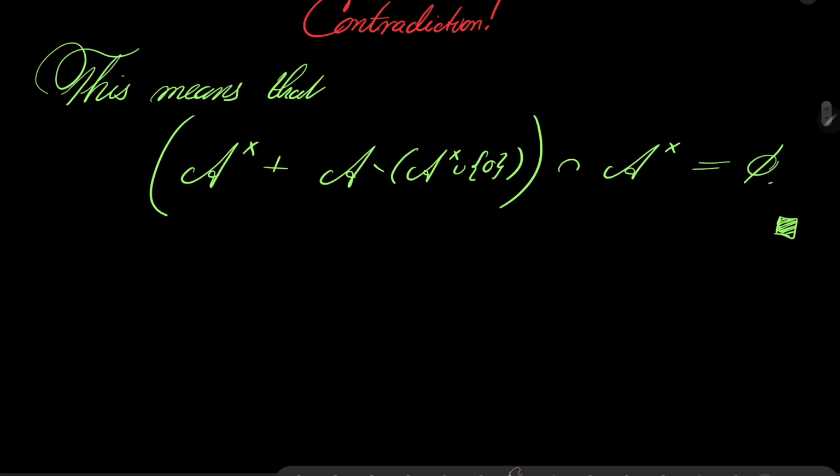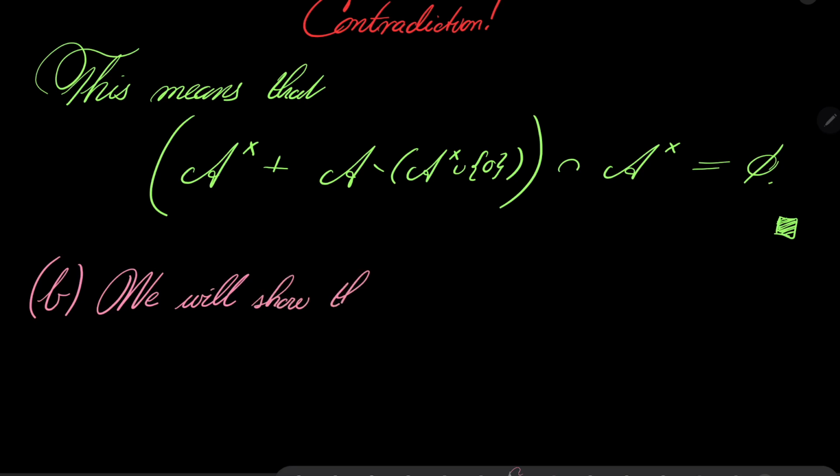Part B, much more interesting. Maybe not much more, but more interesting. For part B, we will show that this strong fact, that the only invertible element is 1. Because, let's consider this.